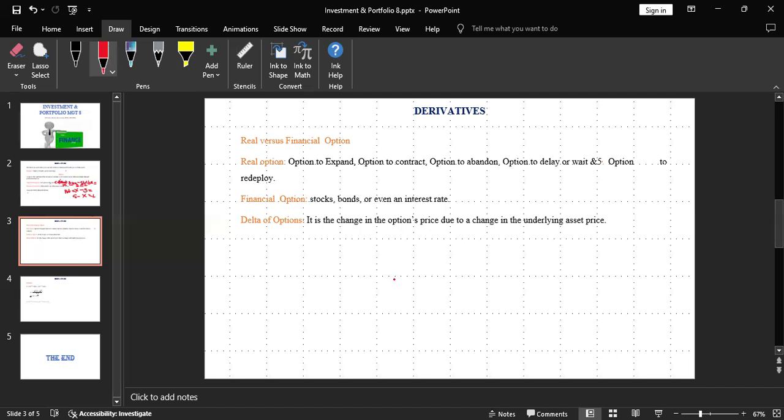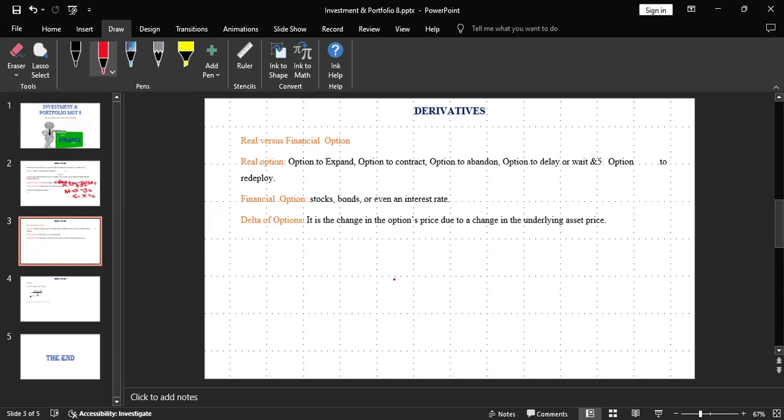Any investment that is going to expand the business and bring additional work to the firm, we call it the option to expand.